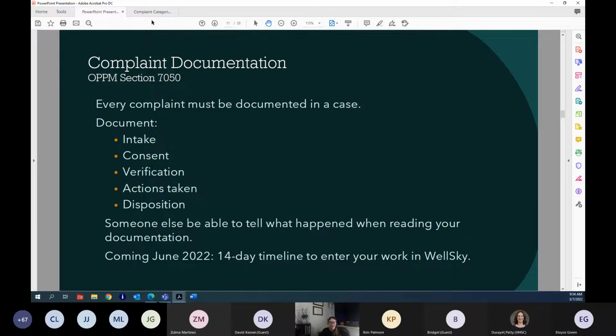I also alluded to this earlier when we were doing our poll, and it was 25 to 30% of folks saying that they were only entering their casework monthly.